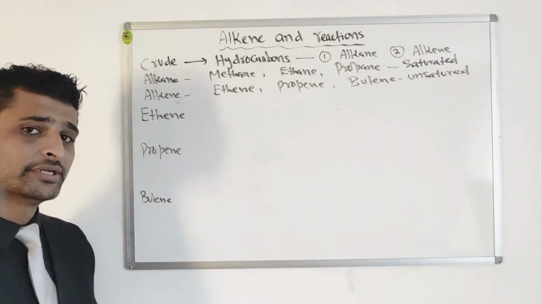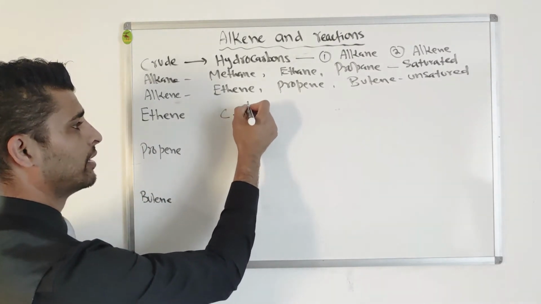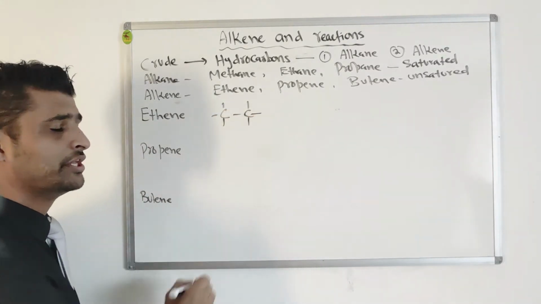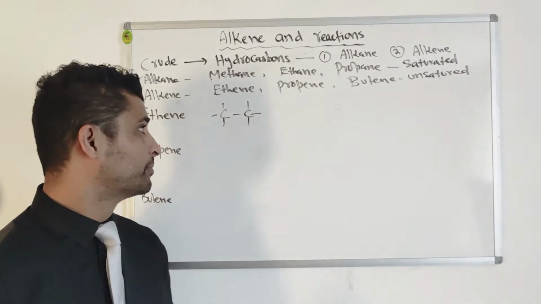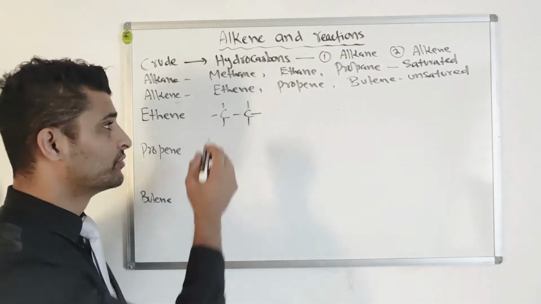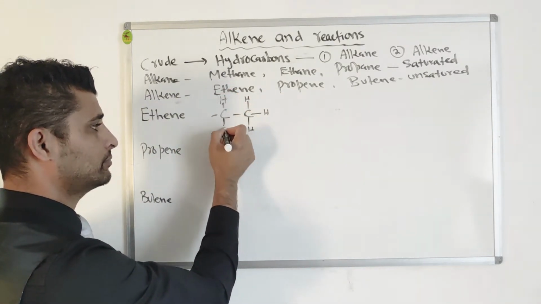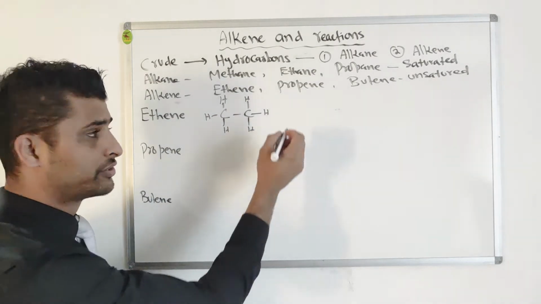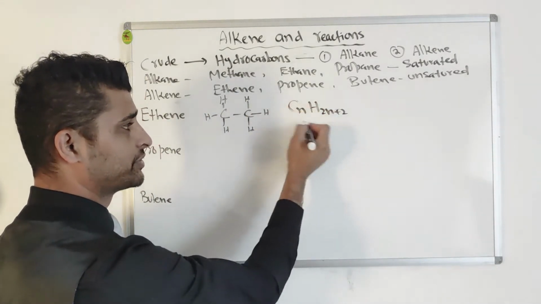These are unsaturated. If you remember, we have done alkane, and I told you that each carbon atom will have one single bond between carbon to carbon, and it has three hydrogens like that. And I told you this can be predicted from this formula.